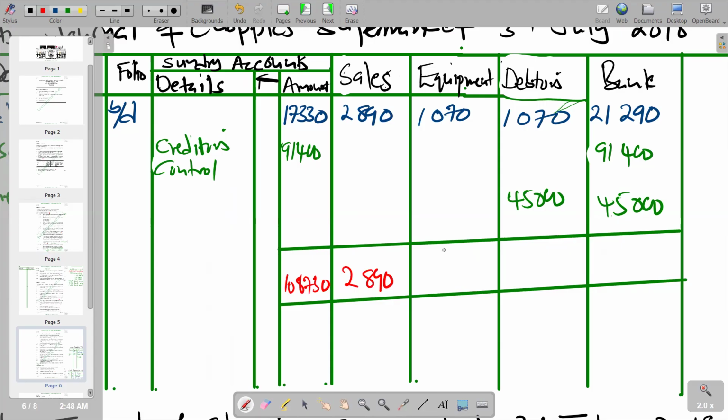For discounts, we add 1,780 plus 45,000, which is going to be 46,780. Then we go to the last column, we put 1,290 plus 1,400 plus 45,000, and we would get 157,690.